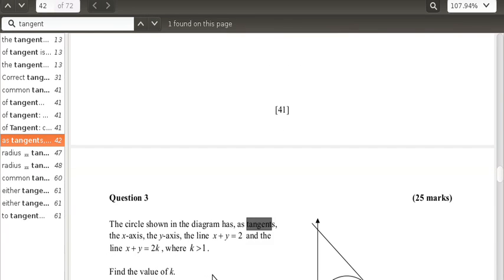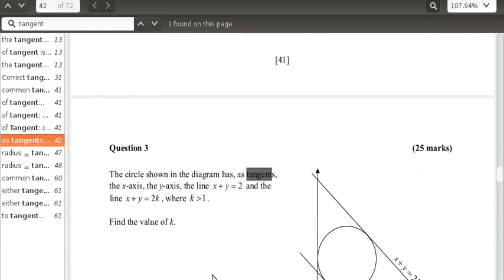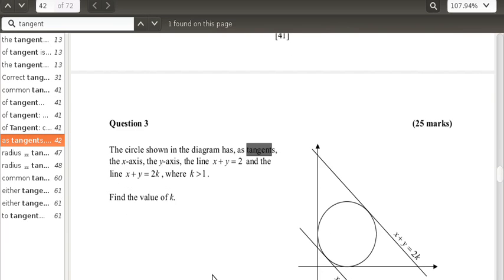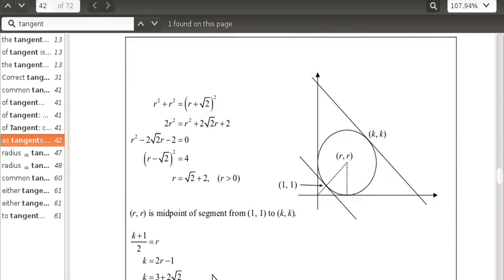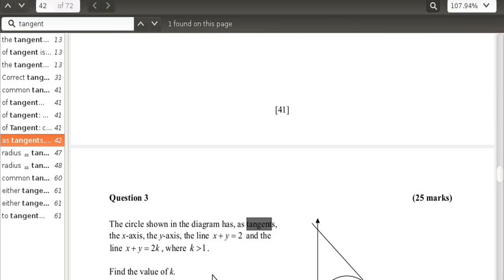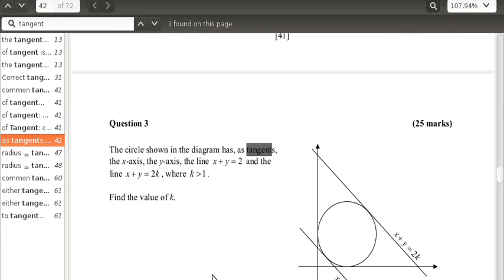The circle shown in the diagram has these as tangents, find the value of k. Yeah, not clear. But anyways, that's the approach to take for it.